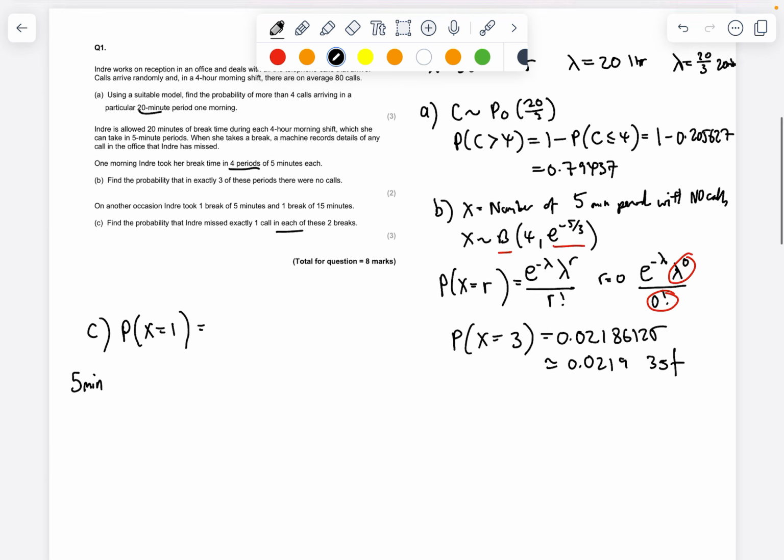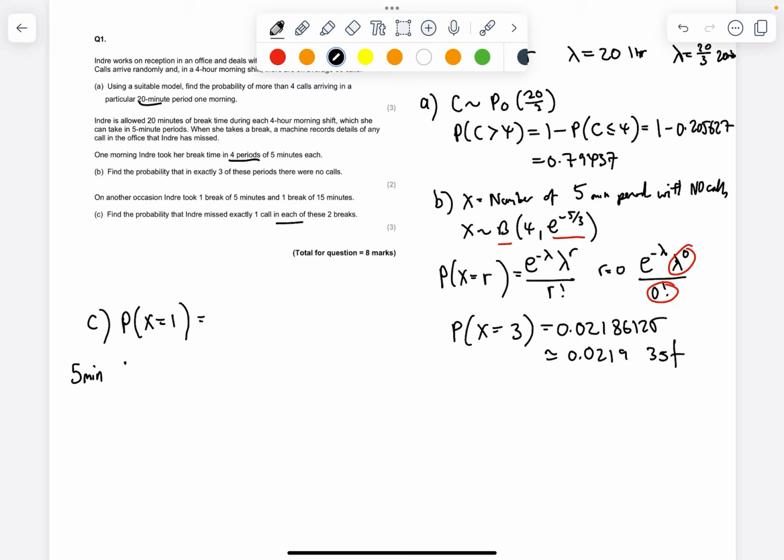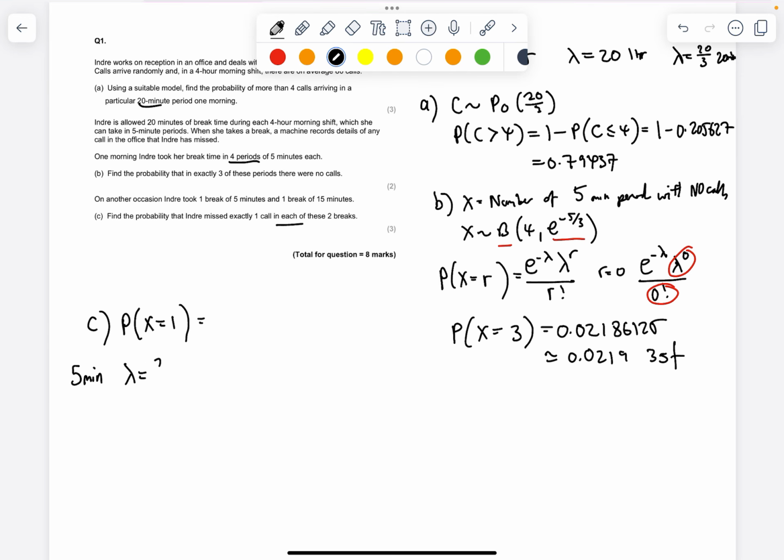We know for 1 hour it's 20, so that's going to be our 1 hour divided by how many 5-minute periods, which is 12. And that is going to be 5 over 3. For our 15-minute period, lambda is going to be 20 over 4, which is 5.